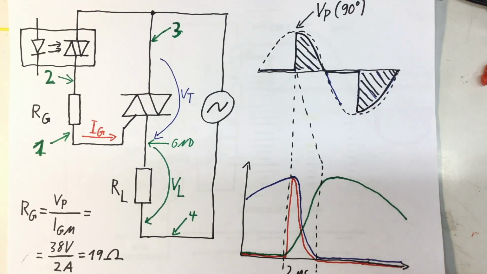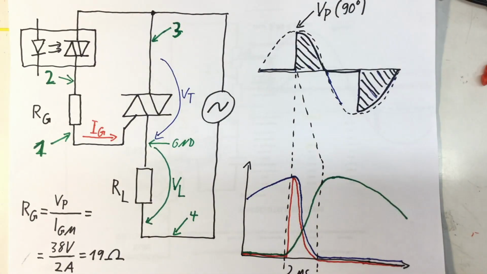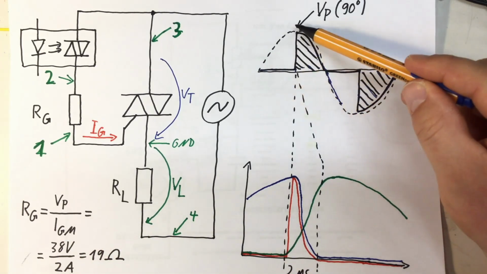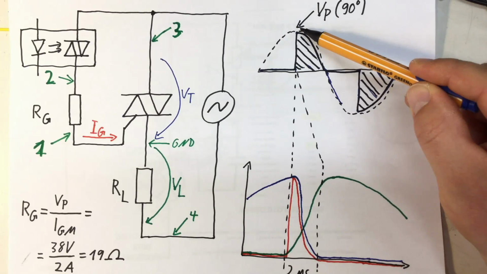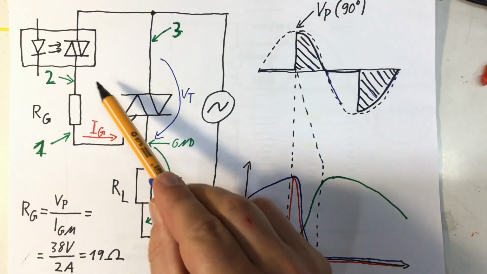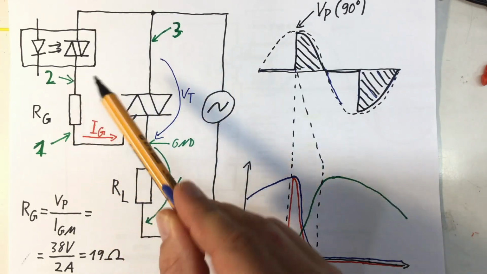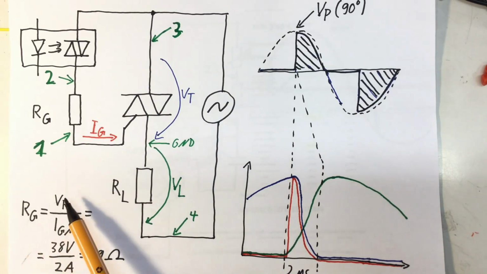And the repetitive peak current, IGM, from the datasheet, that was that one here. And the peak voltage we have here. These are the two parameters which are used to calculate that resistor. Simply, resistance is voltage over current.